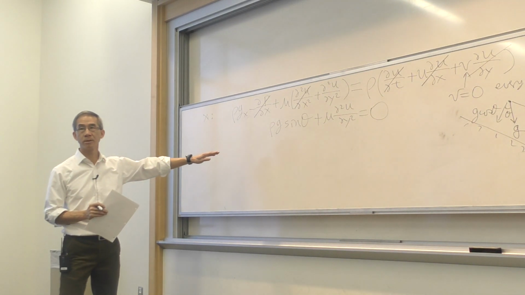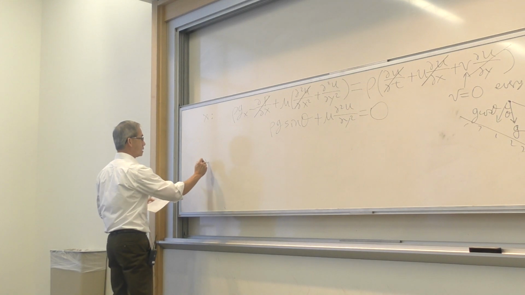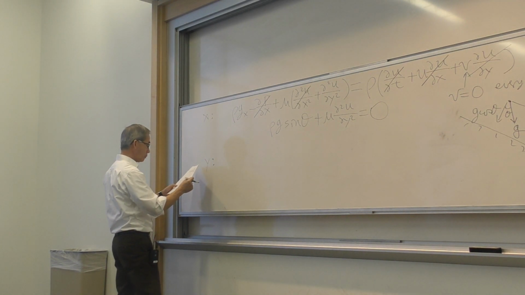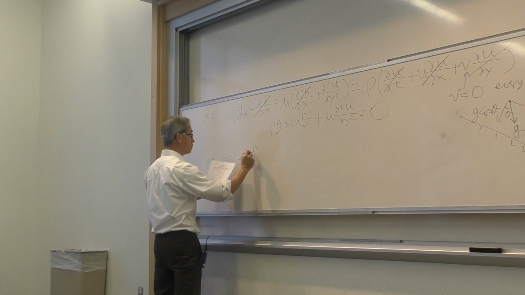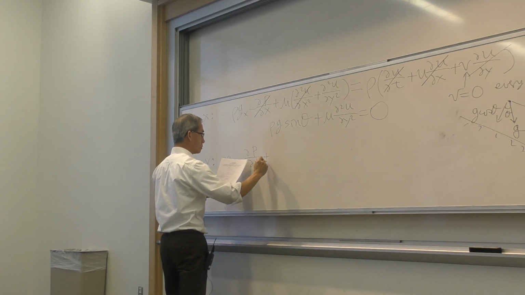I will come back to this momentarily, but right now I want to look at the second part of the problem, which is the y momentum equation, and I hope that many of you were able to do this based on our discussion in the lecture.